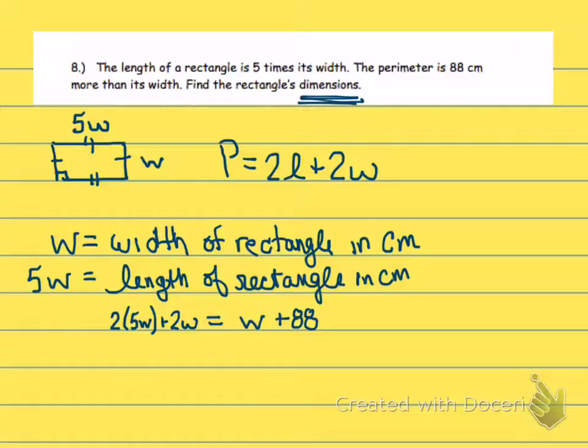Then I would solve my equation. So I want to simplify. Combine my like terms. Get all my variables to one side and all my constants to the other. And then isolate the variable.